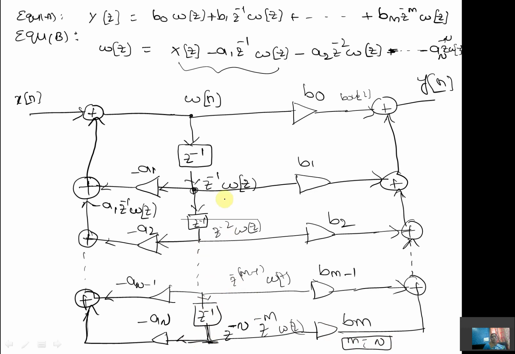Okay, so equal number of delay units are necessary to draw this one, right? But here if m is not equal to n, on either side, one side, use the more delay units and then complete these multipliers and summers. Here the assumption is m is equal to n.